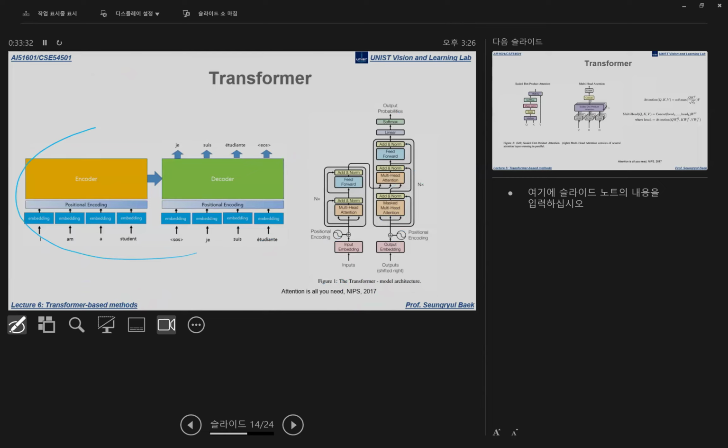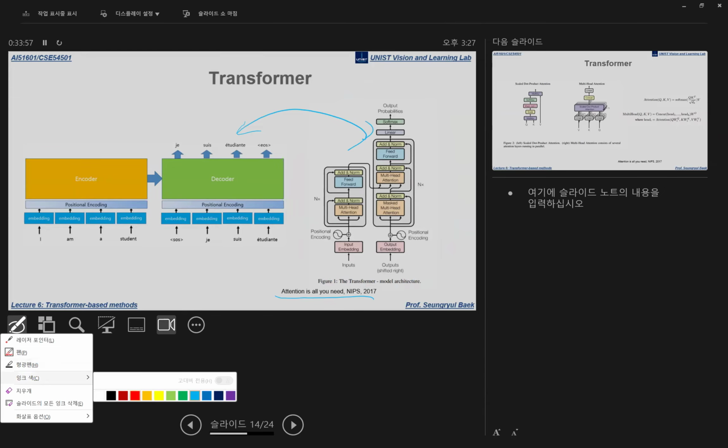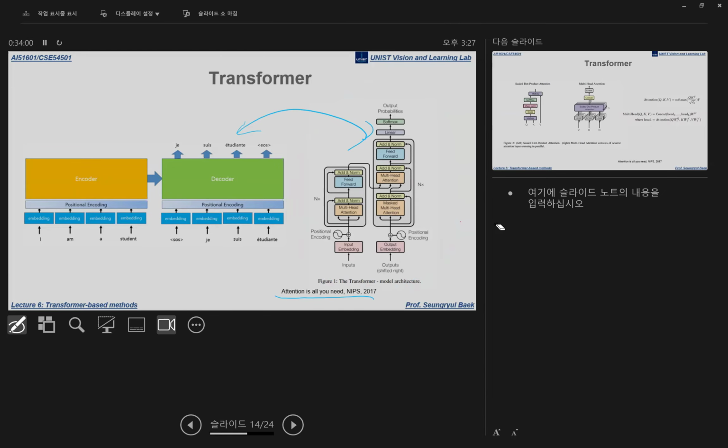And also, this is the transformer architecture that I explained previously, and this is the original figure drawn in the paper published in NeurIPS 2017. You have to understand these two figures are the same. This part is drawing the encoder part, and this part is drawing the decoder part.